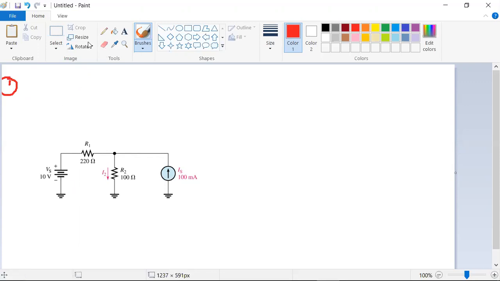So let me draw the line over here, then you can, so you don't get confused, maybe use a different color. So this is the common line.